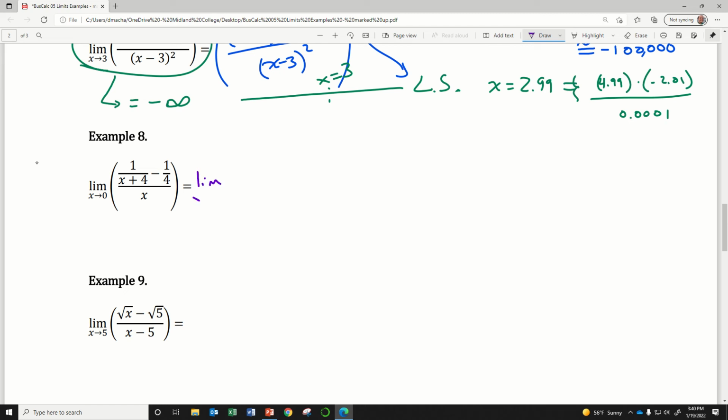Let me just rewrite the limit as x approaches 0. In the denominator, I have 1 over x plus 4, and I'm actually going to multiply this by 1. But what I mean by 1 is that, well, 1 equals 4 over 4, for example, and 1 also equals x plus 4 over x plus 4. And notice when you multiply anything times 1, it doesn't change the result, right?